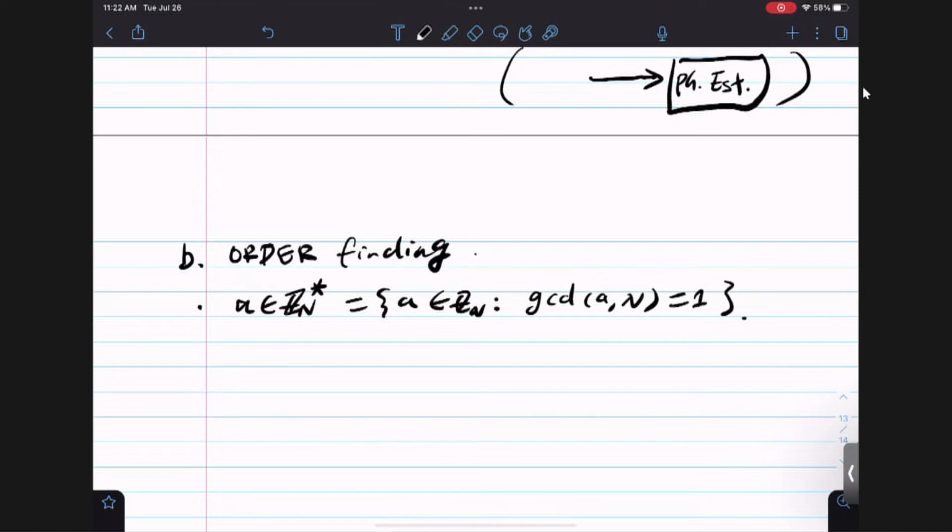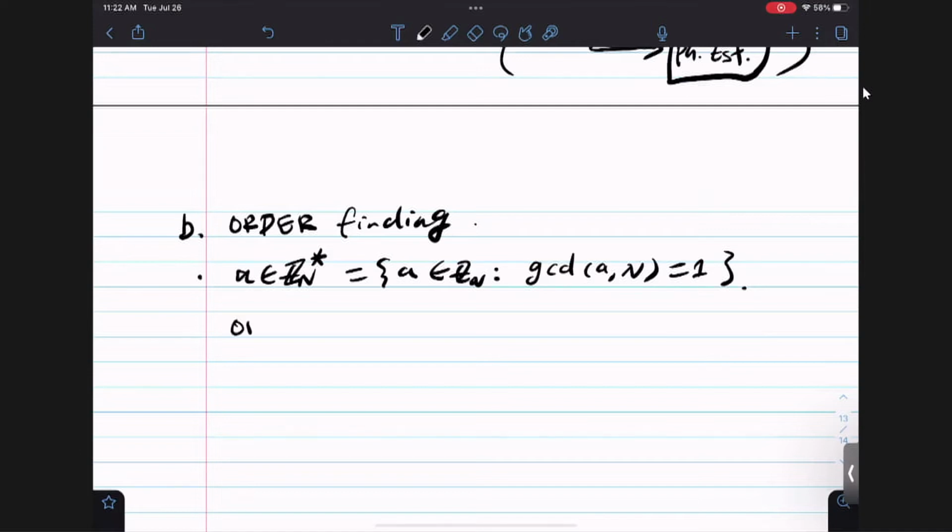So the order of A mod n is going to be the minimum exponent R you can raise A to such that you get 1 mod n.